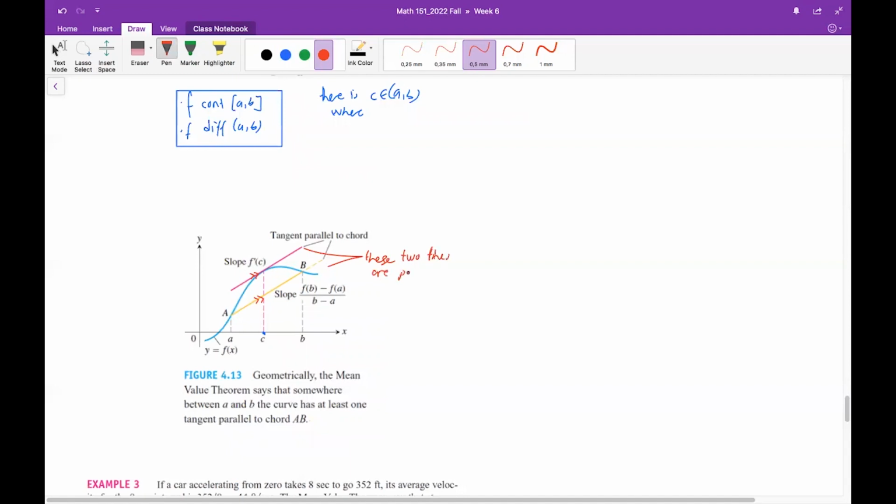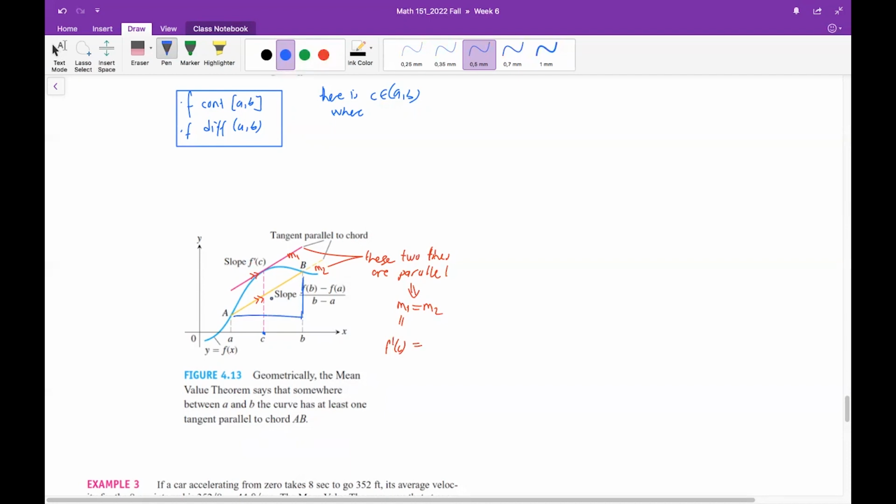Lines are parallel, which means that they have the same slope, right? So let's say the slope of this is m1, the slope of this is m2. Since they are parallel, we should have this. The first slope is given by f prime of c, and the slope of this second line, let's try to find it, okay?